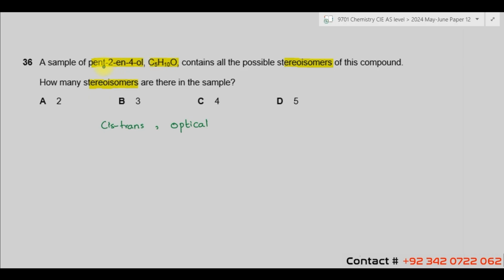We have C5H10O. Pent means we have 5 carbons. 2-ene, double bond between the second and third carbon. 4-ol, which is on the fourth carbon. The rest are hydrogen atoms.